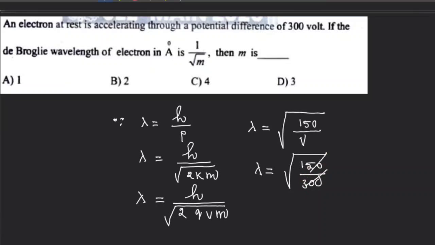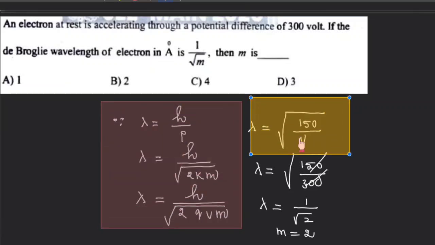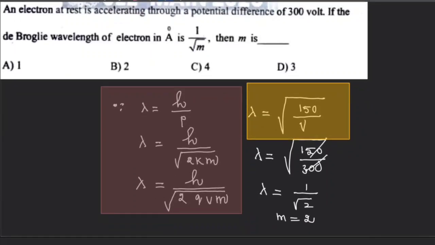Therefore, lambda will be equal to 1 by root 2, right? Therefore m is equal to 2. That's the answer for this. So you have to keep these formulas in mind, especially this one. Clear?